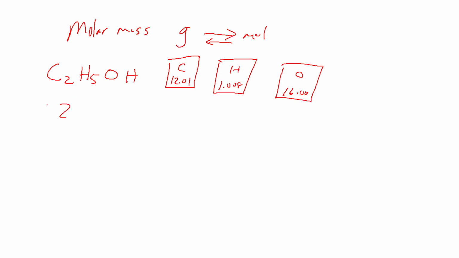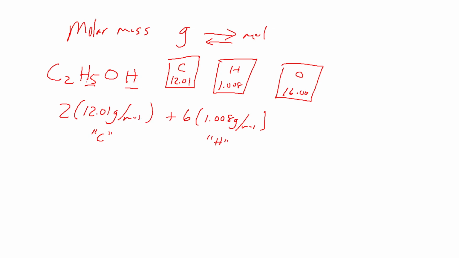So again, in this case, we have 2 carbons, each at 12.01 grams per mole. That's basically our carbons. We have actually 6 hydrogens, 5 there and 1 there is 6, each at 1.008 grams per mole. Again, for our hydrogens, and 1 oxygen at 16 grams per mole, which is for oxygen. And again, all we're going to do is just add all that up.